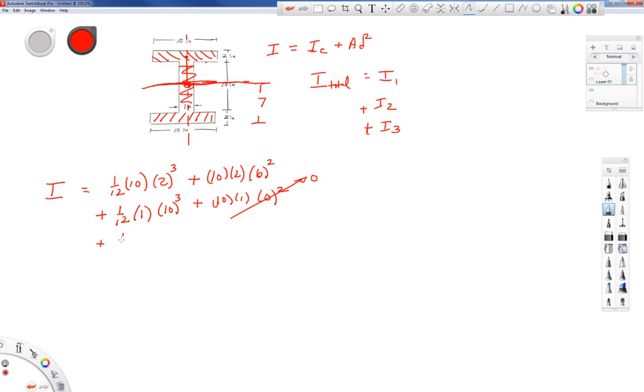Plus 1/12 the base times the height cubed of the bottom flange down here. And then the area of the flange times the distance between the centroid of the bottom flange and the centroid of the cross-section squared. Real quick, let's go ahead and find a number for that.